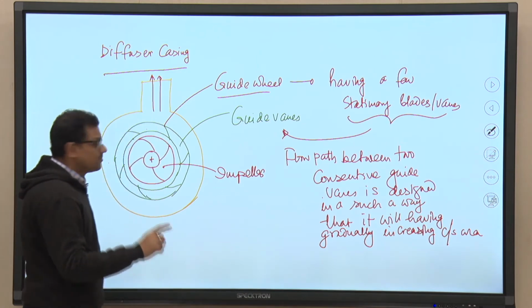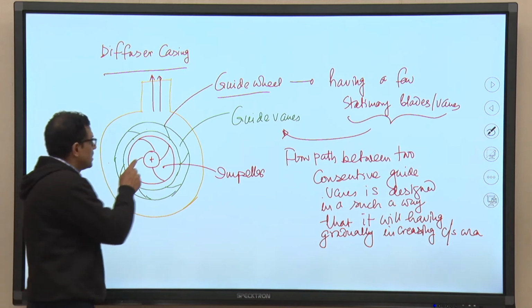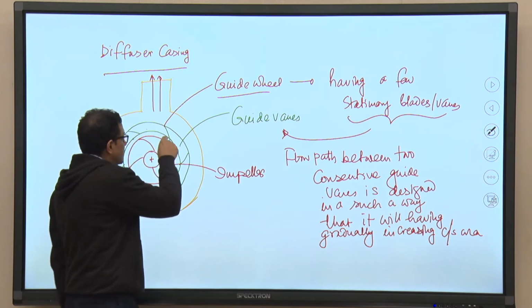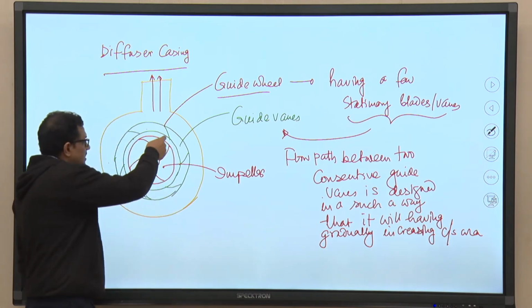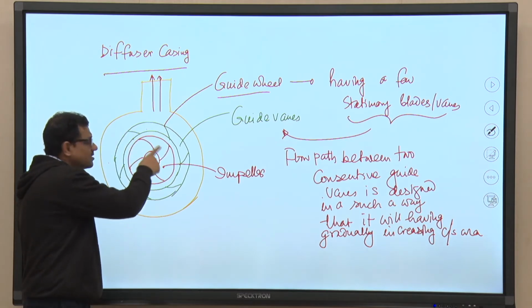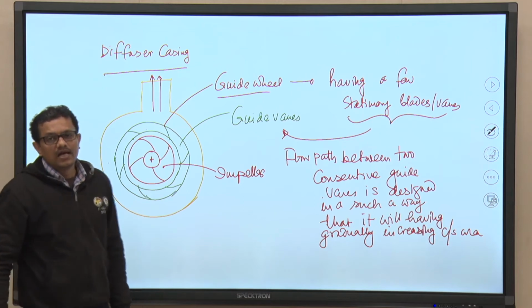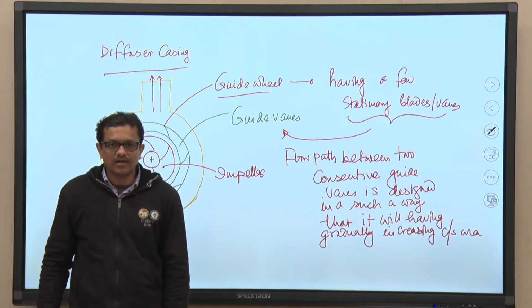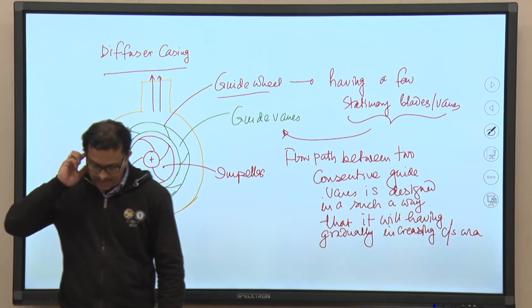So, most important at this point, you should know that the inlet guide vane angle should coincide with the absolute velocity of the water leaving the impeller, otherwise there will be separation loss.